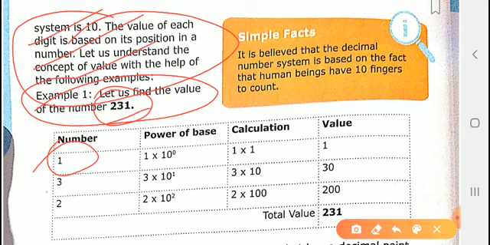If it is totally divisible, we write 0 here. Then 4 divided by 2 gives 2, remainder 0, and 2 divided by 2 gives 1, remainder 0. Then 1 is left. The number is written in this direction, so it is written as 100000. That is the binary number.